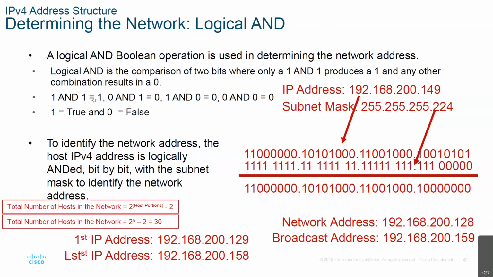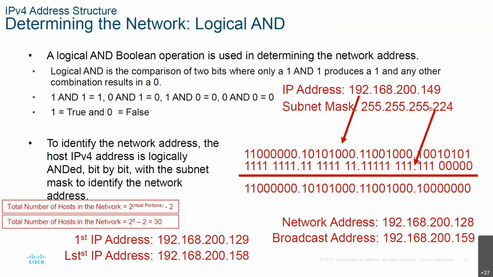Using the process of ANDing, I find out my network address. Now that I have my network address, I know that it is 192.168.200.128. Remember, the network address cannot be used. But I can add devices by using this network address. Now, how many devices can I have in this network?